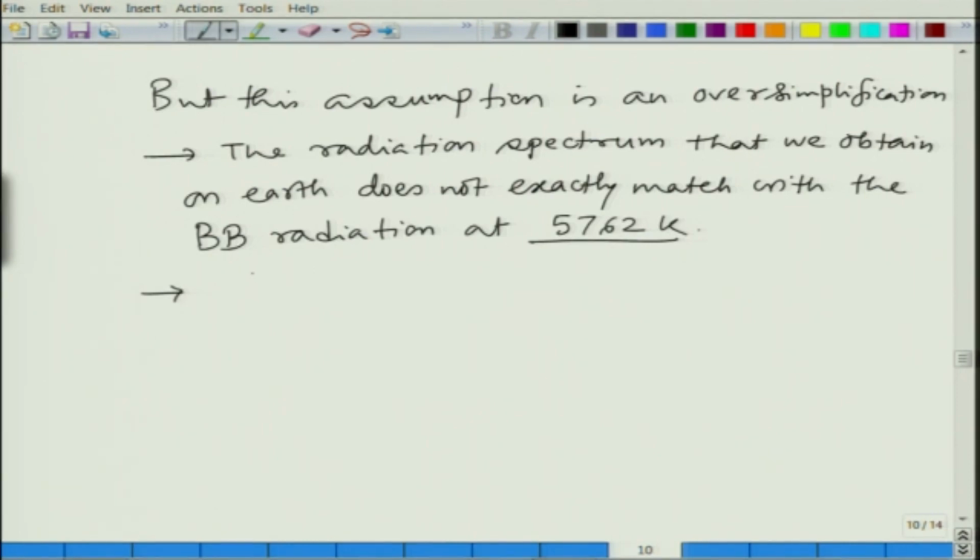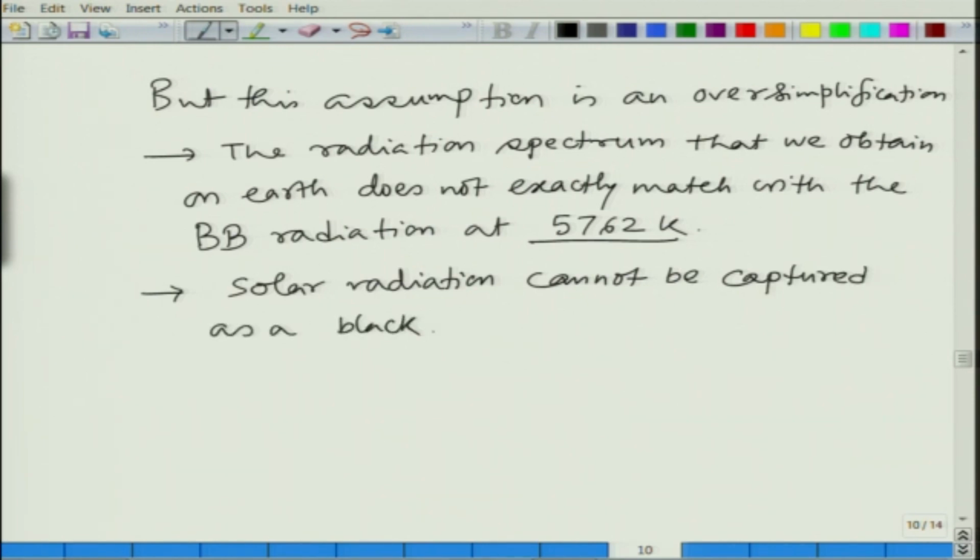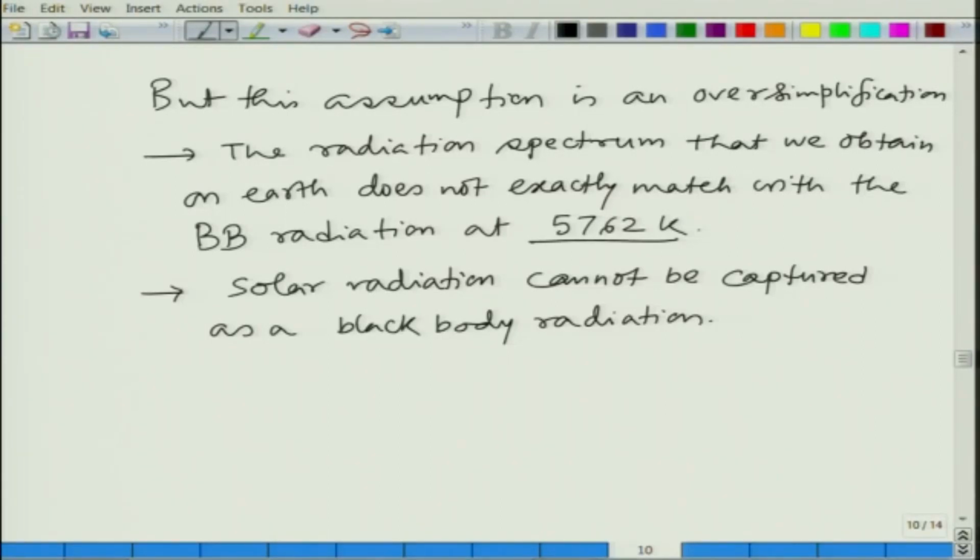It is that the solar radiation cannot be captured as a black body radiation. To explain why, you have to go into much detail about solar physics, solar chemistry, how it is transferred and all those things, which is beyond the scope of this course. So, let us stick to what we observe rather than explaining it.